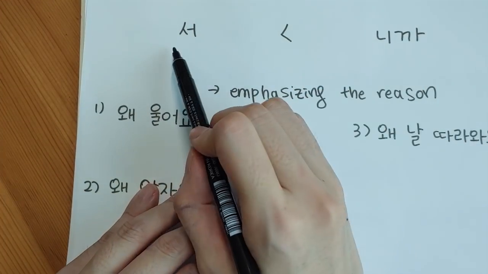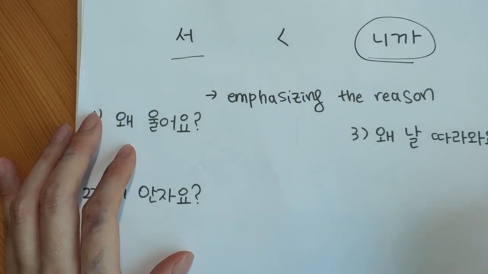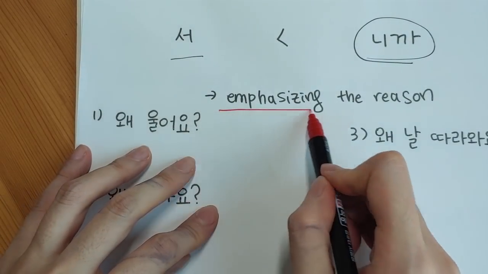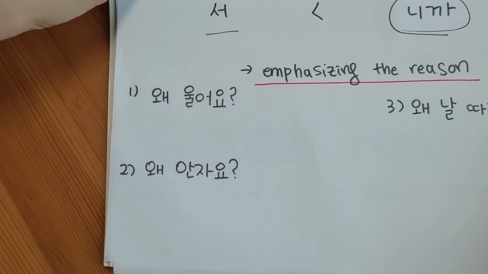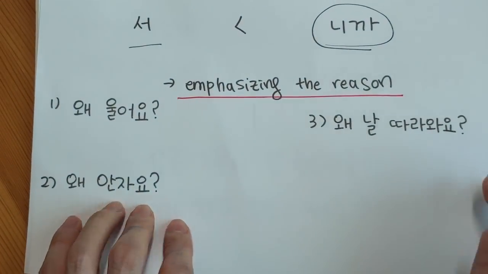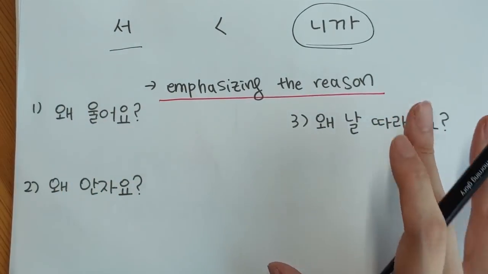So 니까 can be used instead of 서 when you are trying to emphasize the reason. So when someone asks, 왜 울어요? 왜 안 자요? 왜 날 따라와요? We're gonna go over the meaning of these questions.